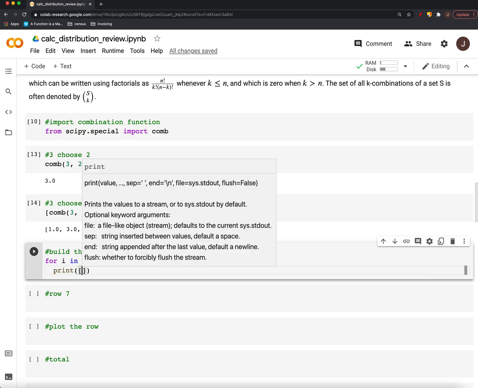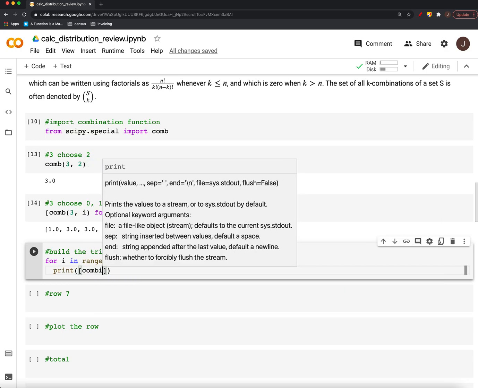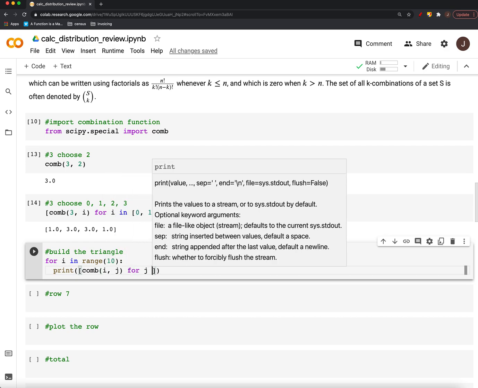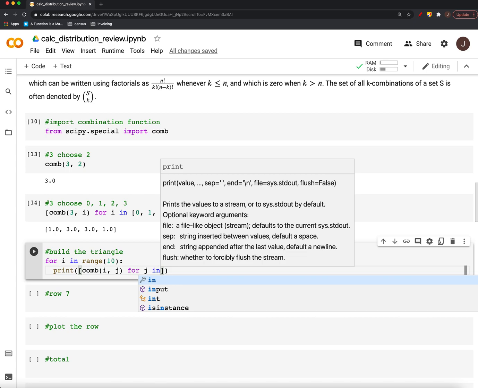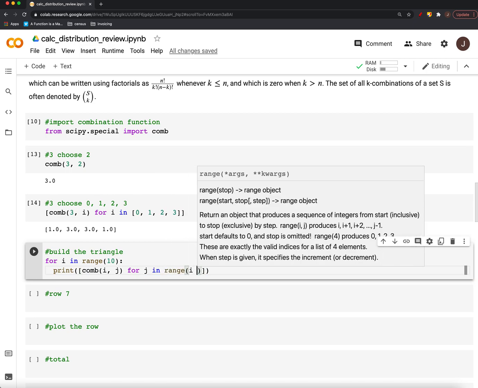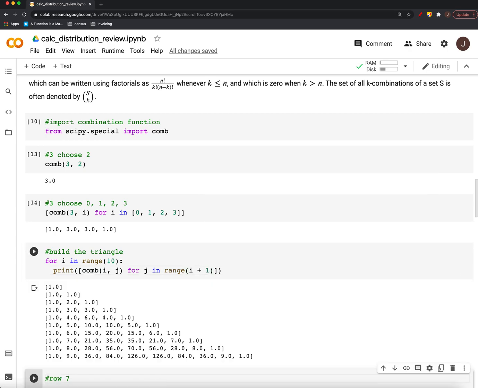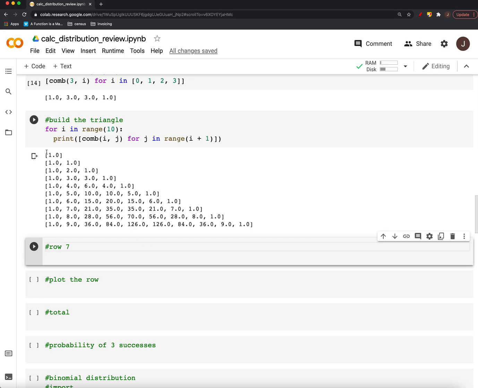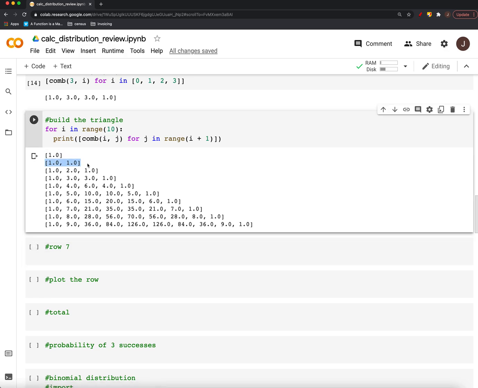And we just did this same thing, looking at the combinations over a range for each row. All right, so we started with 0. This was 1 coin. Right, we could get either 0 heads or 1 head. With 2 coins, we could get 0, 1, or 2. 3 coins, 4 coins, and so on.